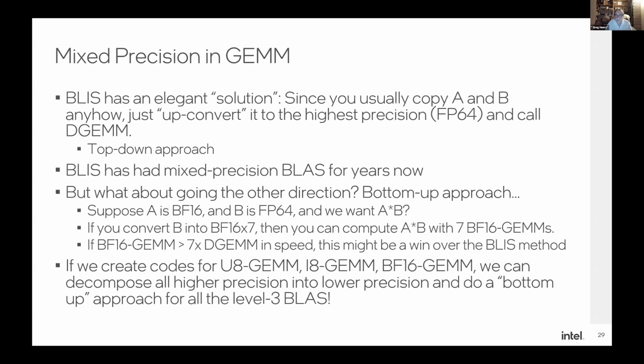BLIS, the first library that did mixed precision in open source ever, would convert B to bfloat16 times 7, and then you could do A times B with 7 bfloat16 GEMMs. As long as 7 bfloat16 GEMMs are faster than 1 DGEMM call, you will make a win.